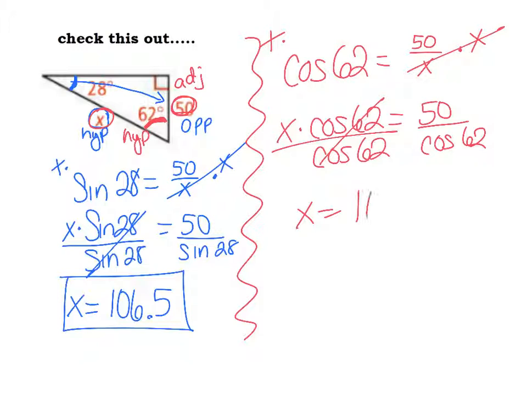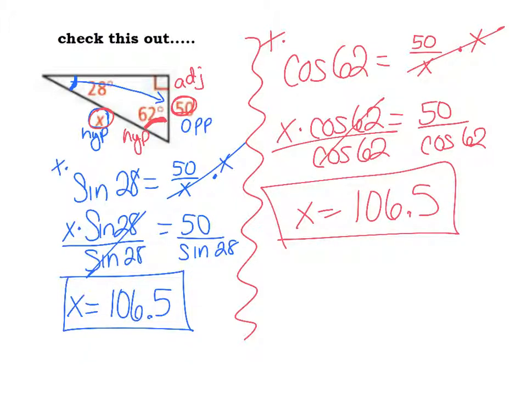And what do you know? I still get 106.5. I get the same number. It doesn't matter which method you chose, it's going to get you the same answer because x represents the hypotenuse. And so it's not going to change, and both of these were valid methods. It's just whichever one you happen to choose.